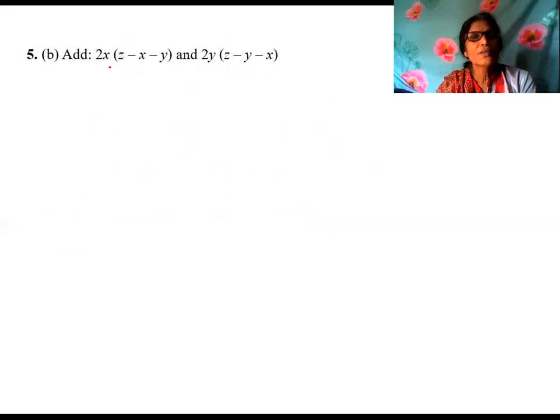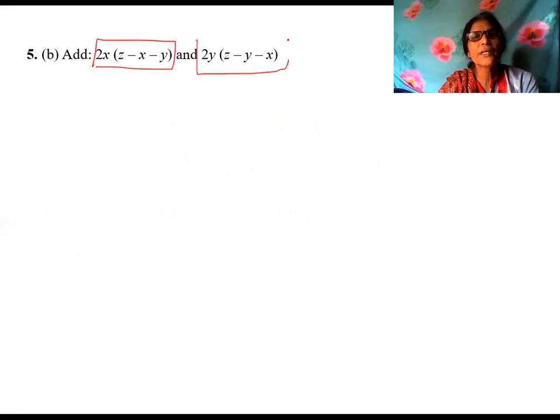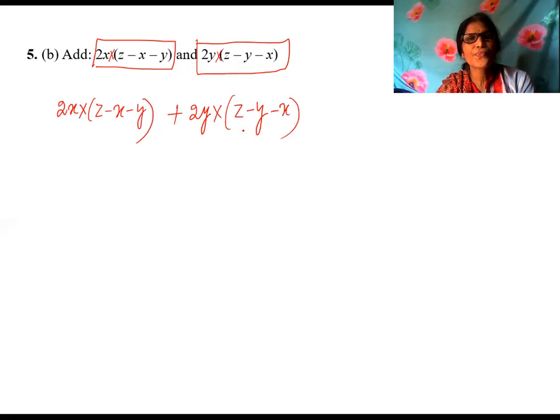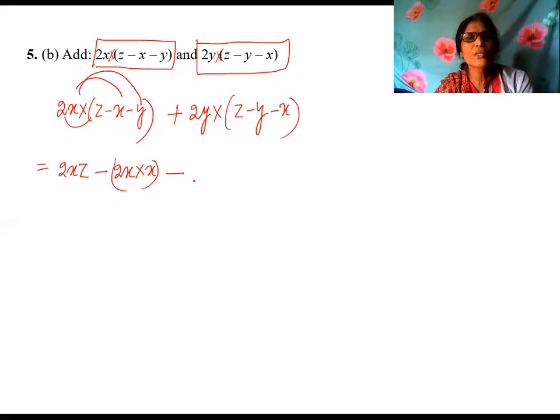Part B. Add this and this. That means here there are two multiplications. It is hidden and you will add it. So you will write 2x multiplied by z minus x minus y, plus 2y into z minus y minus x. So go on multiplying one by one: 2x into z, then minus 2x multiplied by x, then again subtraction, 2x into y.